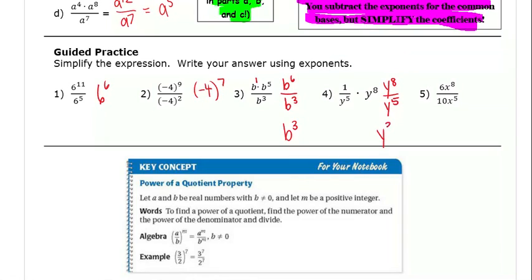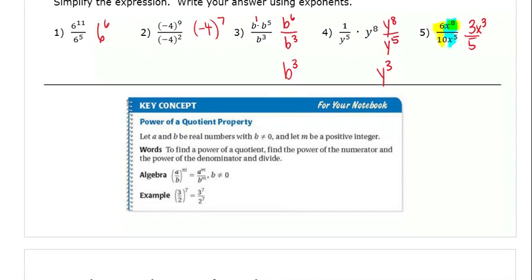Subtract your exponents, you get y to the 3rd. And finally, in this one, simplify your coefficients. Subtract your exponents there. So 6/10 simplifies to 3/5. x to the 8th over x to the 5th would be x to the 3rd. More x's on top, so it's up there.